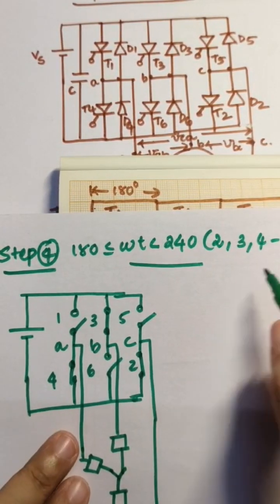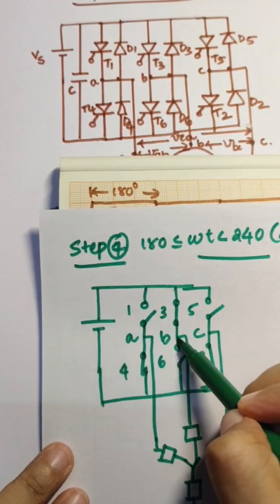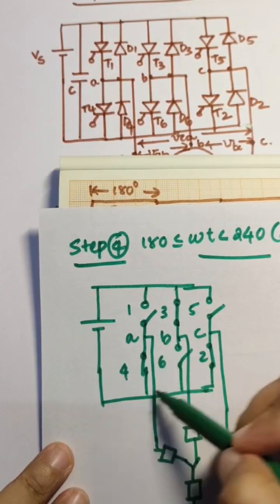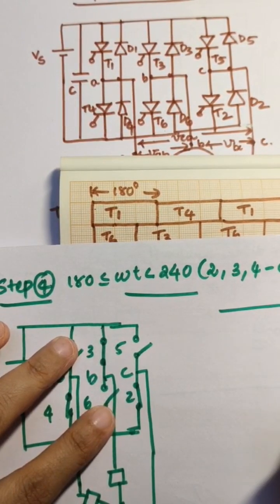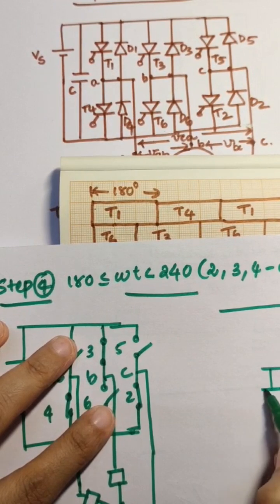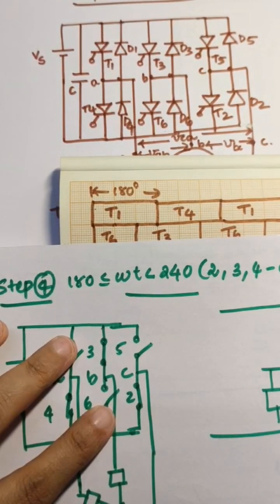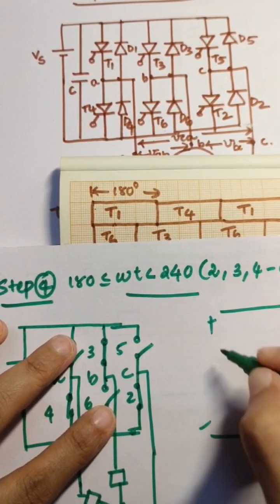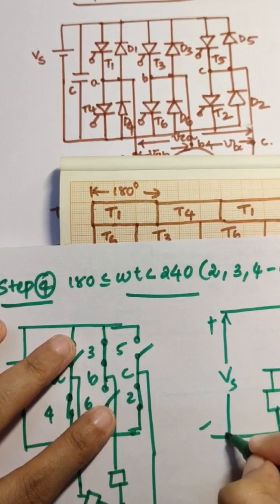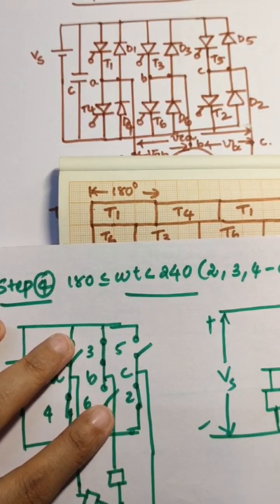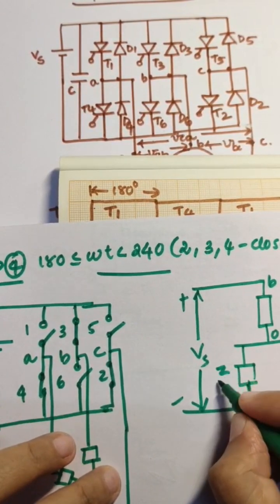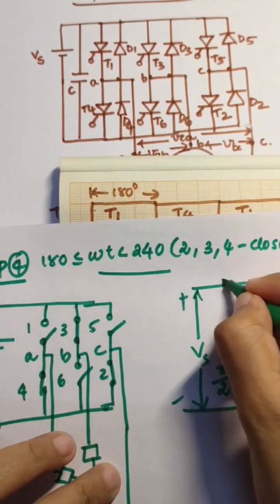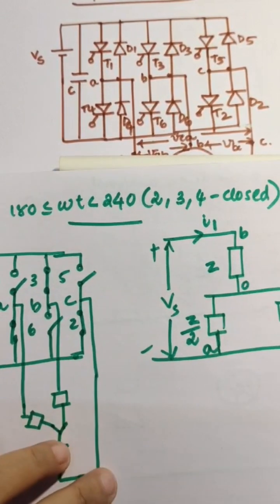An equivalent circuit we can draw: positive is connected to B, negative is connected to A and C. But here the impedance is Z by 2 and here is Z. We need to find the value of current I1.